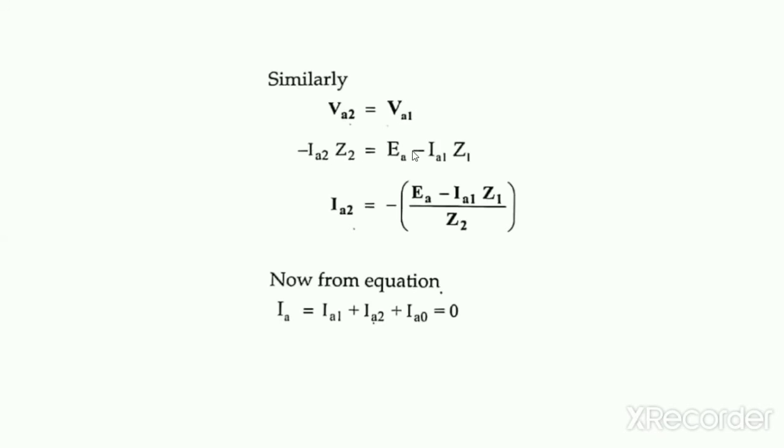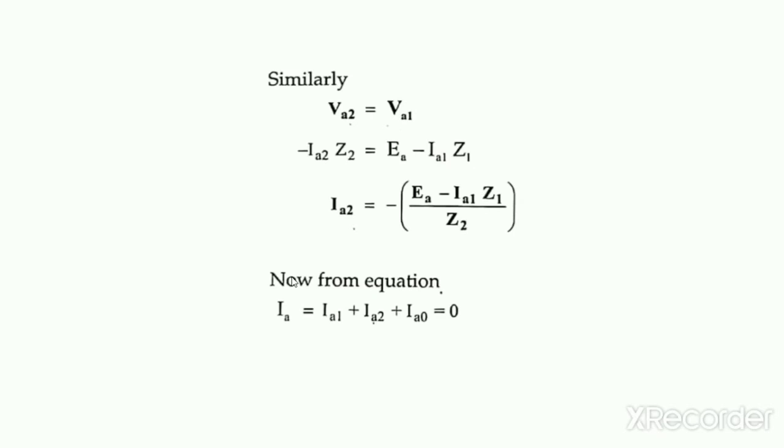And VA1 is equal to EA minus IA1 into Z1. Okay, from this equation, we write down the formula for IA2. Therefore, IA2 is equal to minus of EA minus IA1 Z1 by Z2.